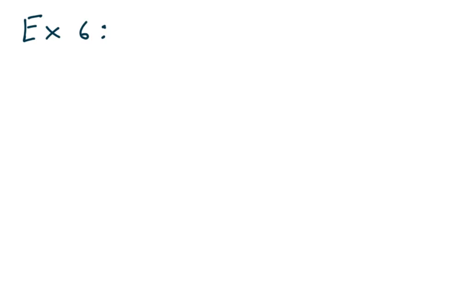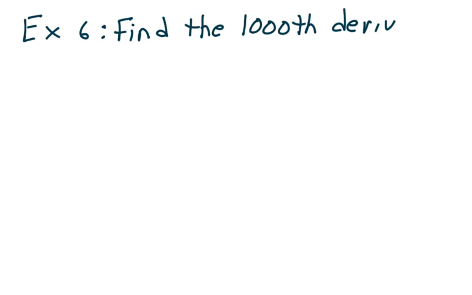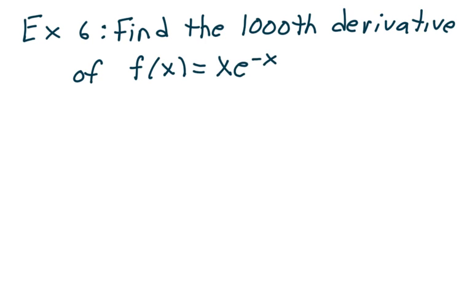Suppose I give you the following, and I say, find the 1,000th derivative of f of x equal x e to the negative x. Now, certainly I wouldn't expect you to find 1,000 derivatives, but what we're hoping for is that we start to see patterns.